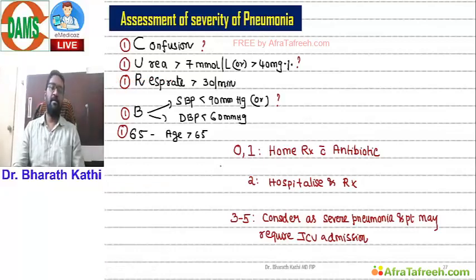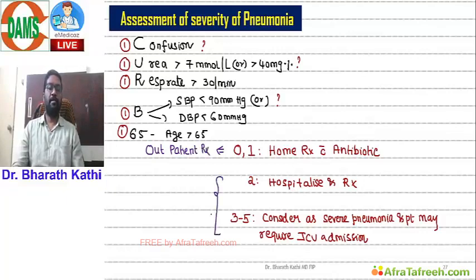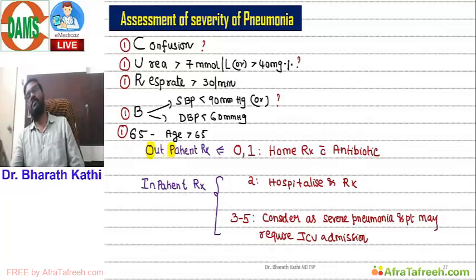Now if you are sending a patient home and treating, this is called outpatient treatment. If you are admitting him in hospital, it is called inpatient treatment. Now because for majority of outpatients you are not doing any investigations, you are treating empirically.